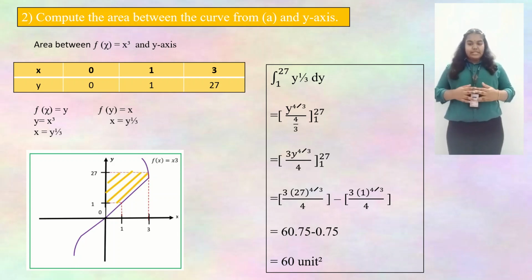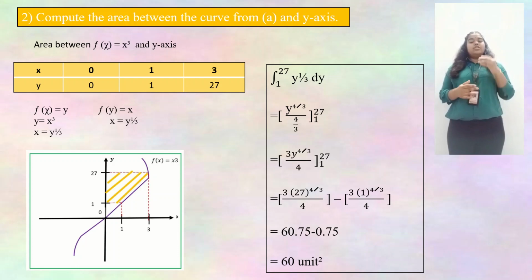When you integrate this, you will get in brackets y power of 4 over 3 over 4 over 3, and the limits will be 27 and 1. Simplify this equation, and you will get 3y power of 4 over 3 over 4, with limits 27 and 1.